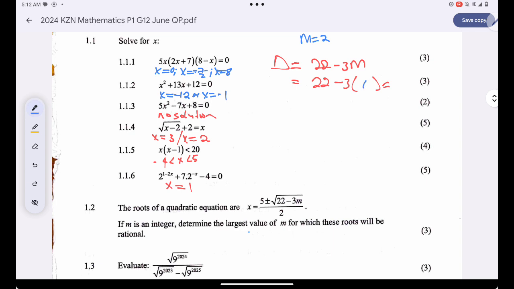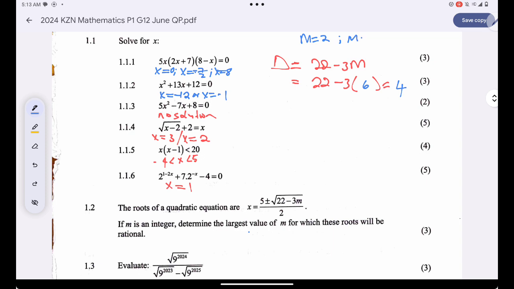What about 6? 22 minus 18 will give us 4, and 4 is a perfect square.